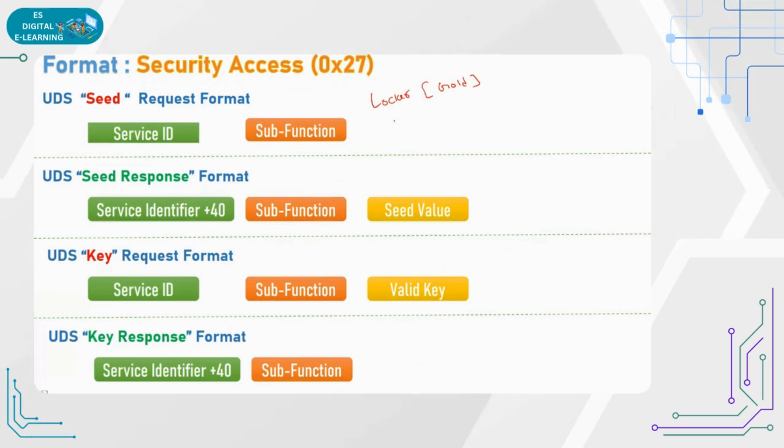The person who came to unlock needs to open the locker and take the gold. That is the output. My final output is gold. Now the locker is there, and the owner has locked it completely.